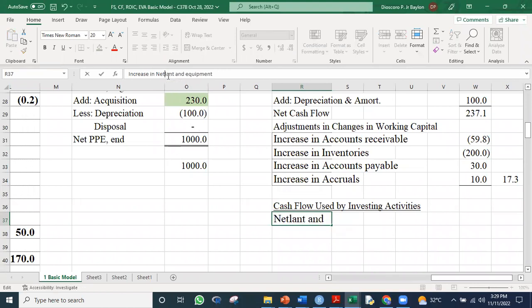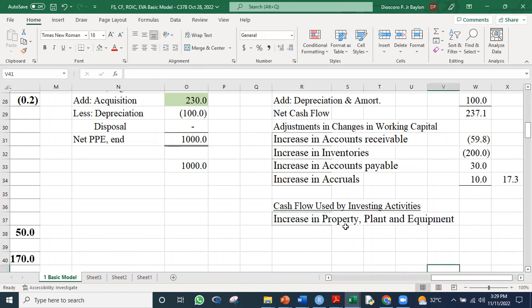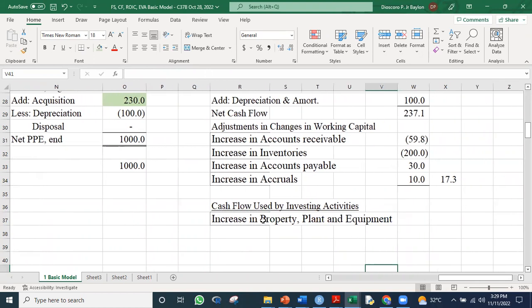So we should write here increase in, I'll just use PPE, okay? Increase in, let me write property, plant, and equipment. So it's the increase in PPE itself, not in the net plant and equipment.